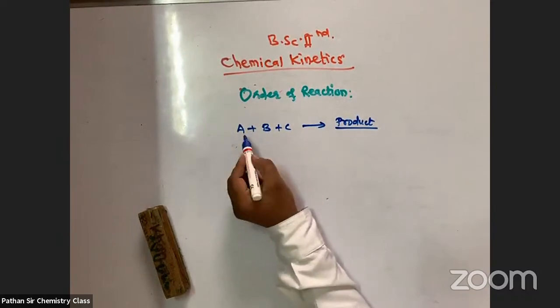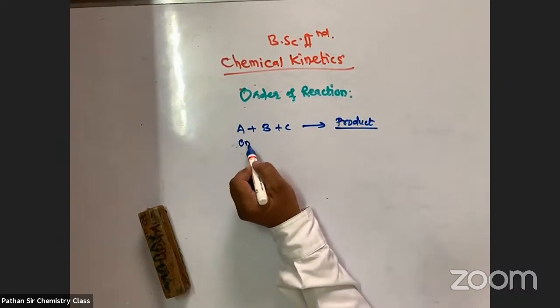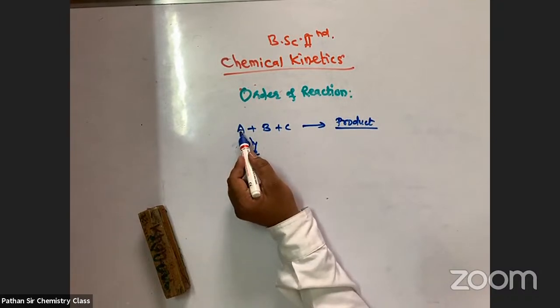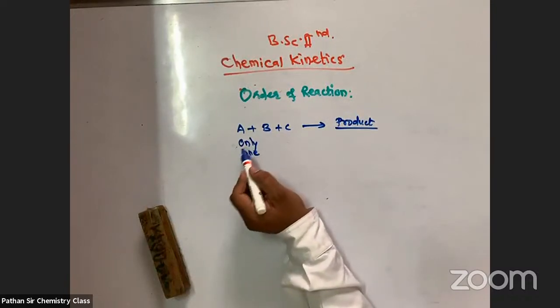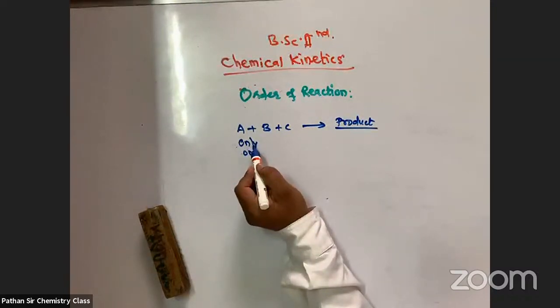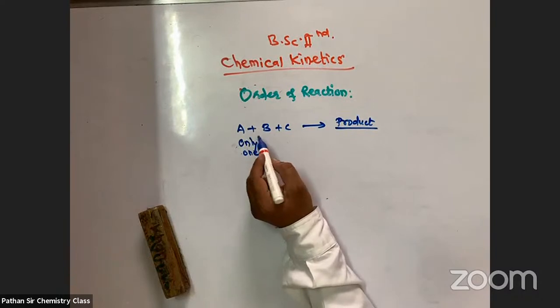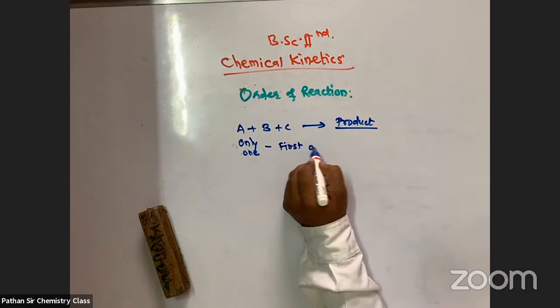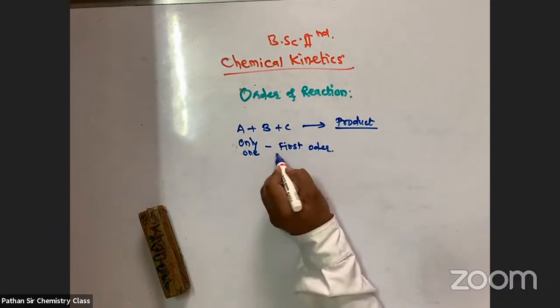That means only one reactant concentration is affecting the rate of reaction. Therefore, as only one reactant concentration is affecting the rate, this is a first order reaction.